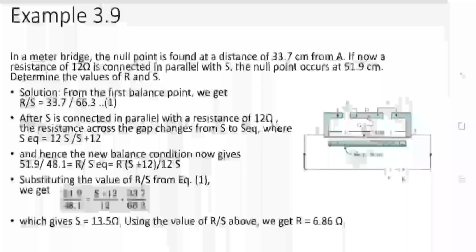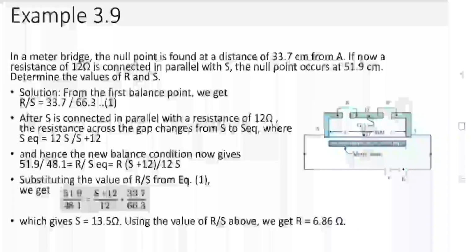In a meter bridge, the null point is found at a distance of 33.7 centimeter from A. If now a resistance of 12 ohm is connected in parallel with S, the null point moves to 51.9 centimeter. Determine the values of R and S. Now what will happen?